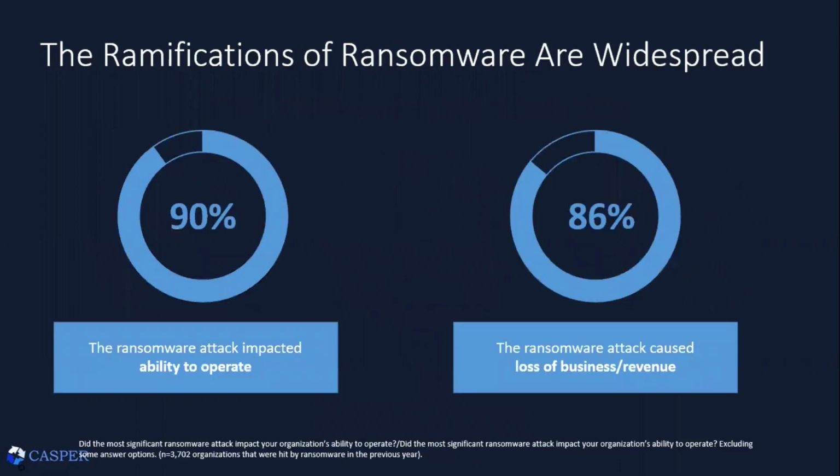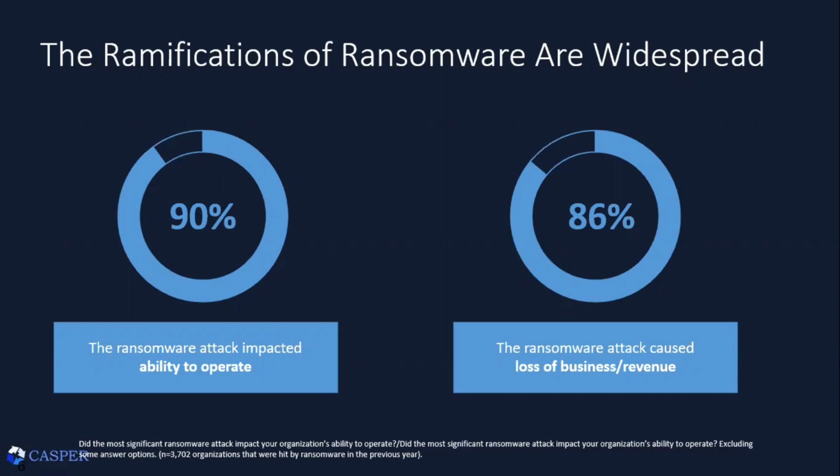Now the effect of ransomware is widespread, and 90% of ransomware attacks impacted the ability to operate. We live in a very special time where most of what we do to operate our business is digital. Even production companies and factories, most of them have software they use for their operations to make processes work faster.